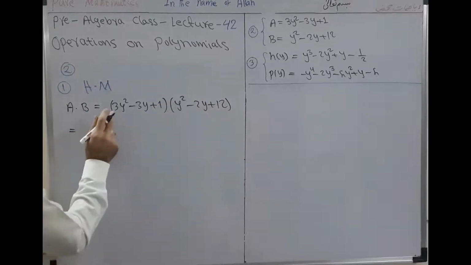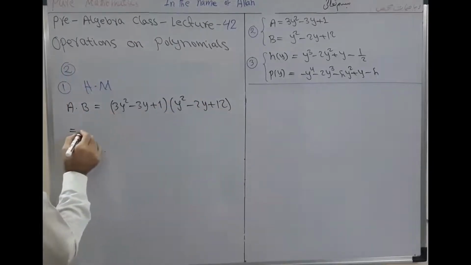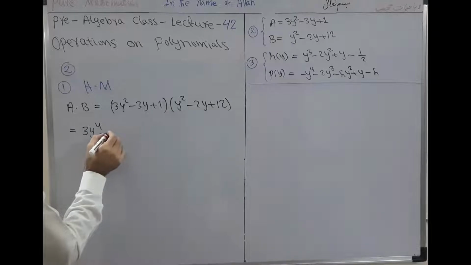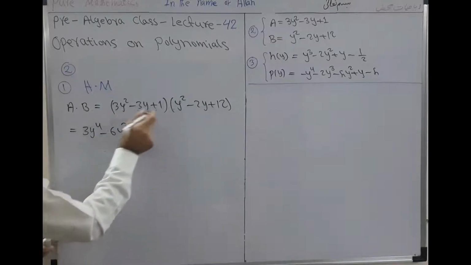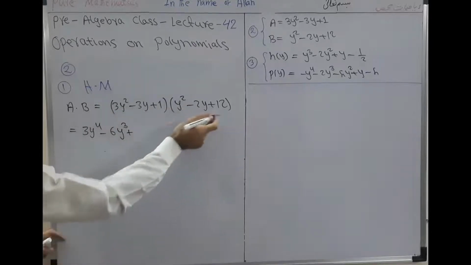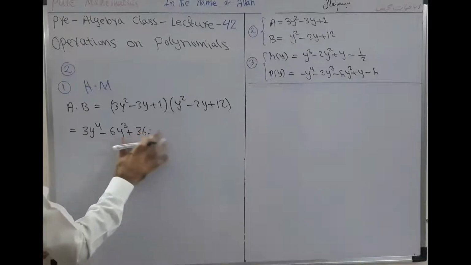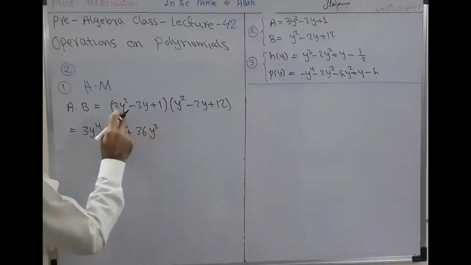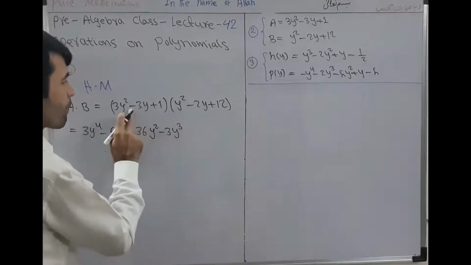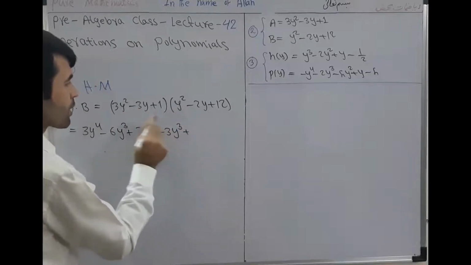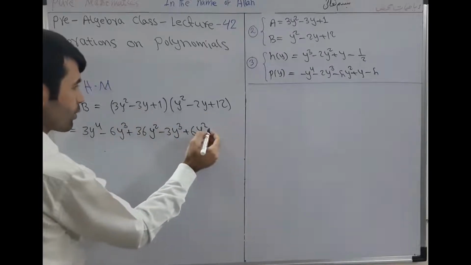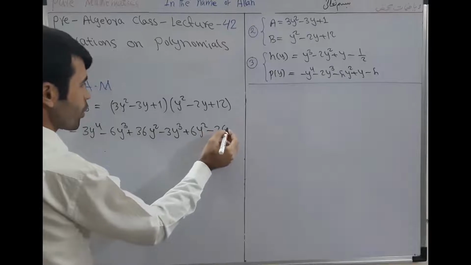Now here we want to multiply 3y squared by y squared, 3y to the power 4, plus 3y squared multiplied by minus 2y, minus 6y cubed, plus 3y squared multiplied by 12, 36y squared. Then minus 3y multiplied by y squared, minus 3y cubed, minus 3y multiplied by minus 2y, plus 6y squared, minus 3y multiplied by 12, minus 36y.